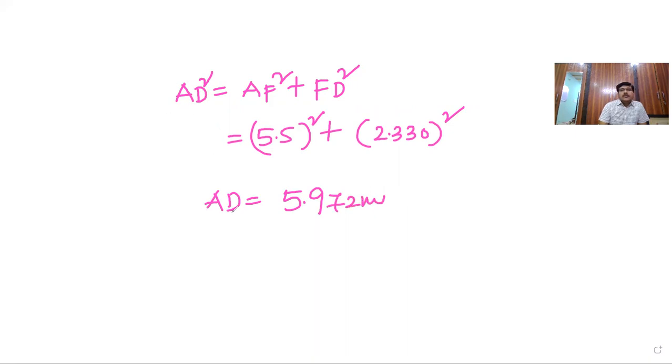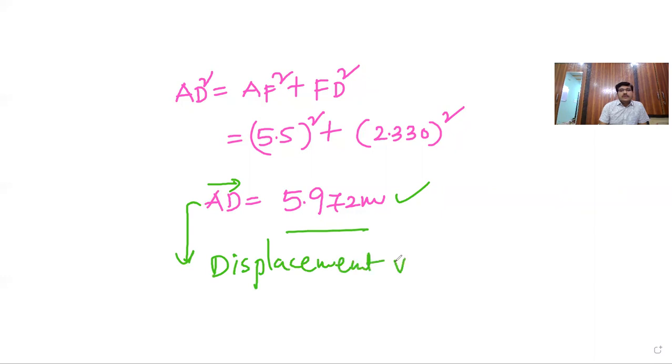This AD bar is displacement because it is a vector, displacement vector AD bar. And this stands for the magnitude, the modulus of displacement vector AD bar. This is magnitude.